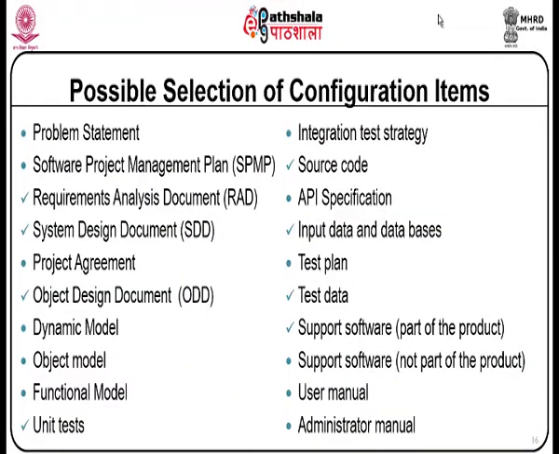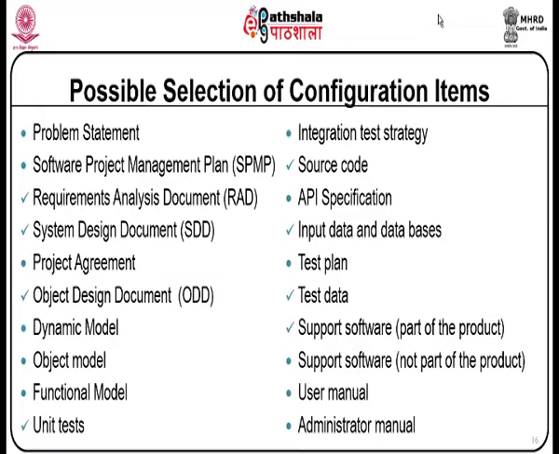Possible selection of configuration items: requirement analysis document, system design document. As I have mentioned, when there is a change in functional requirements, not always your design needs to be changed. Your module structure remains to be the same.